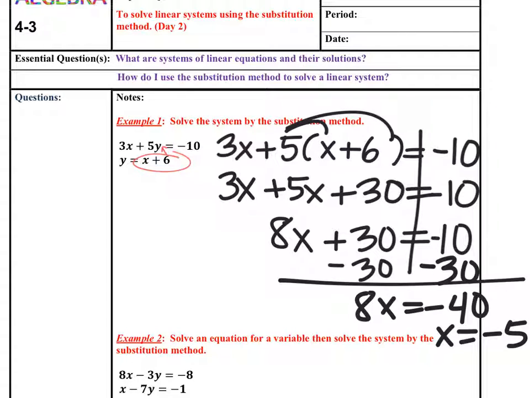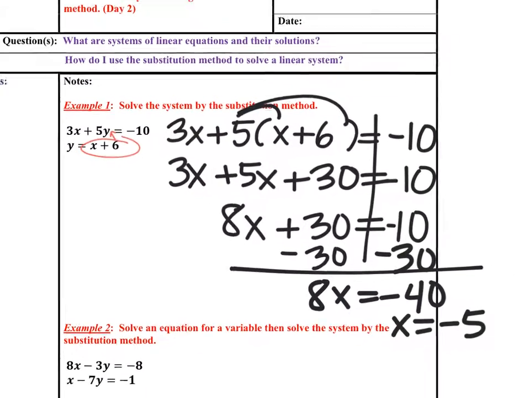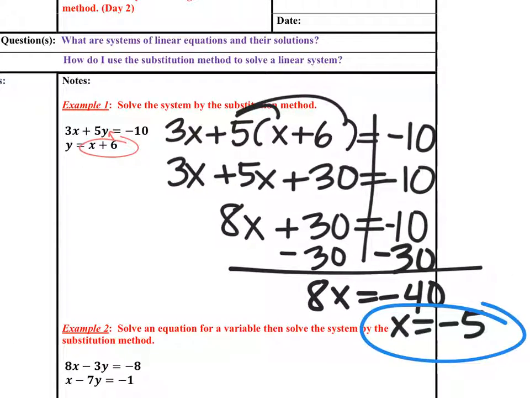It makes a whole lot more sense to plug it back into x plus 6 because that one is a lot simpler. It also is already in y equals format. So we're going to now take x equals negative 5 and replace x. So y is equal to negative 5 plus 6 because I'm using this equation. So y is equal to 1.